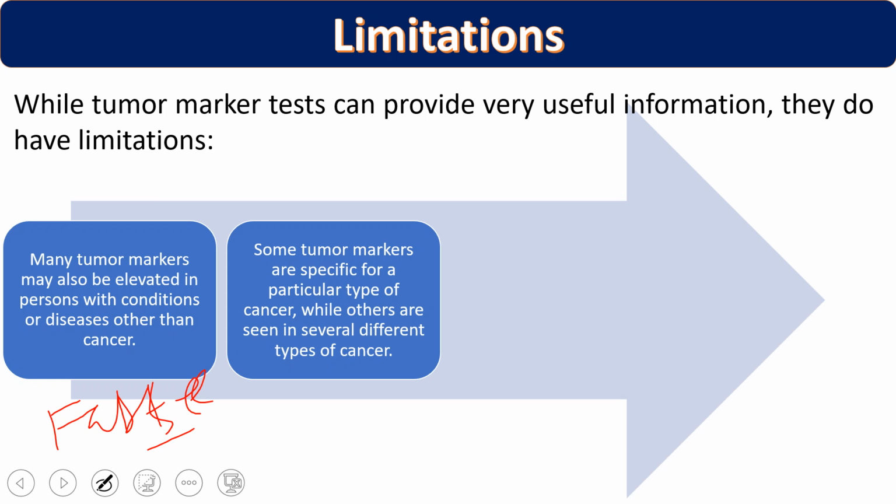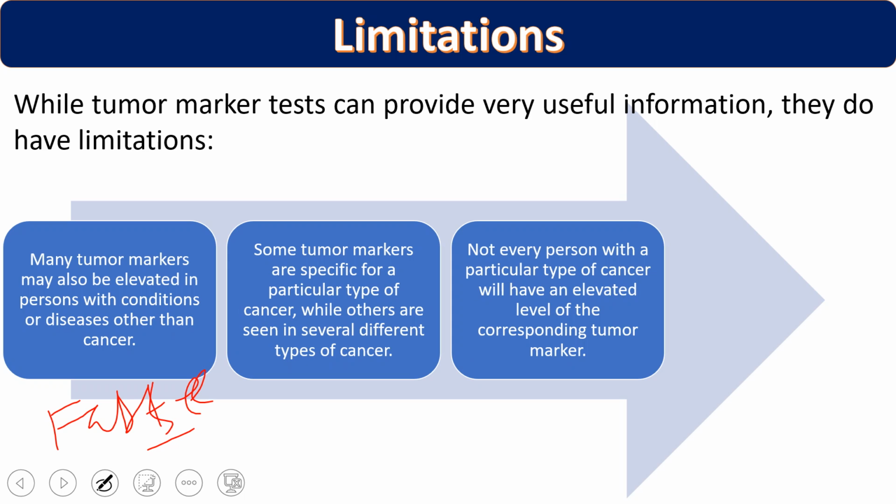Similarly, some tumor markers are specific for a particular type of cancer, while others are seen in several different types of cancers. Not every person with a particular type of cancer will have an elevated level of the corresponding tumor marker. So here we have a false negative, means cancer is there but the tumor marker level does not rise. So here it is false negative, and there it is false positive.